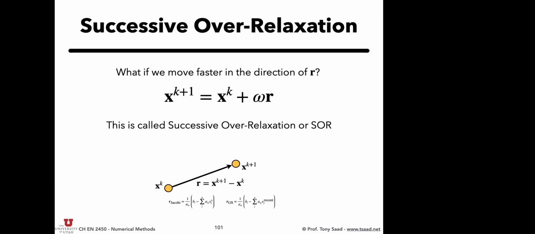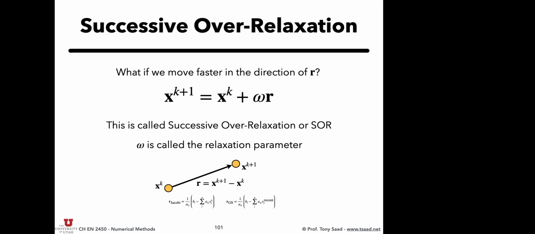This is called simply successive over-relaxation. By introducing this parameter omega that multiplies the direction in which you are moving to get to the solution, or the recipe for your solution, you can either increase your convergence rate or slow it down if you don't want to converge too fast.